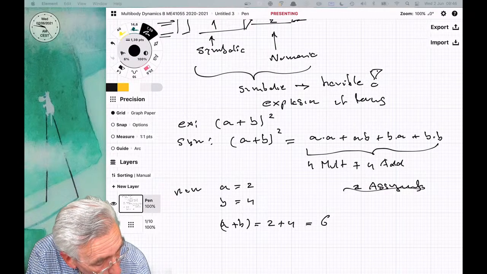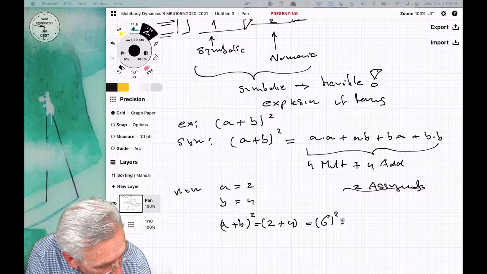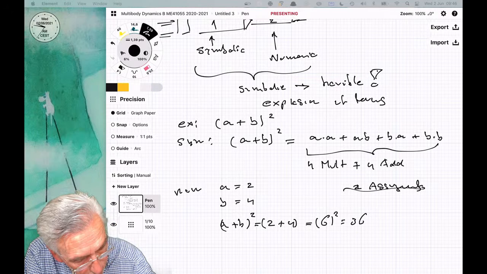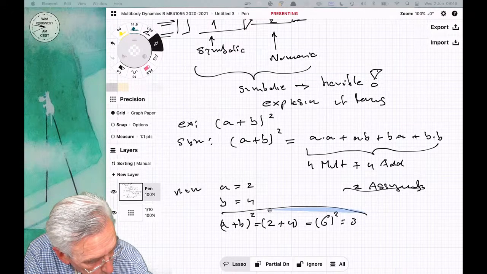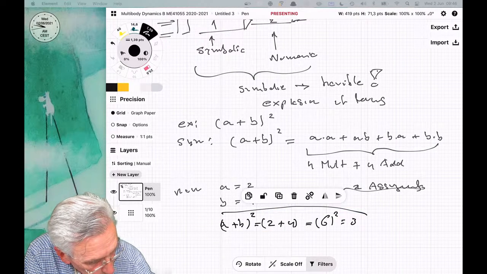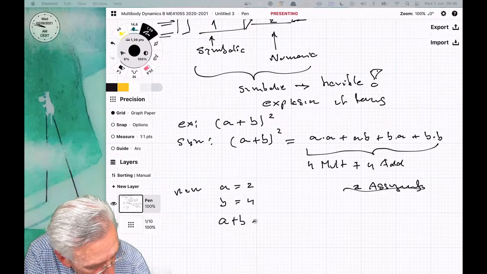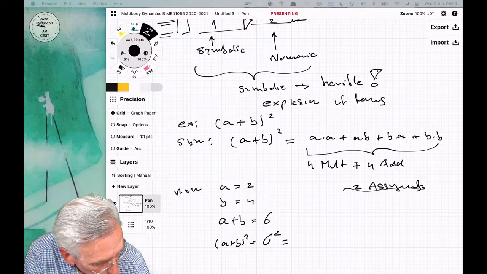And then A plus B squared is 6 squared, that is 6 times 6, and that's 36.